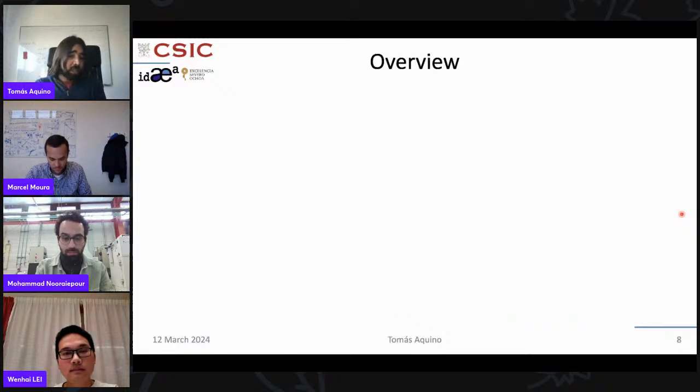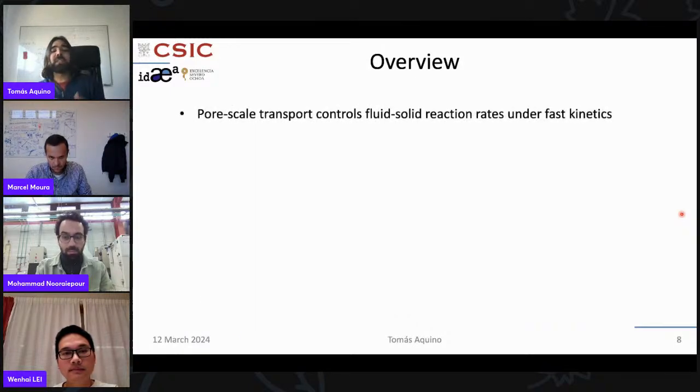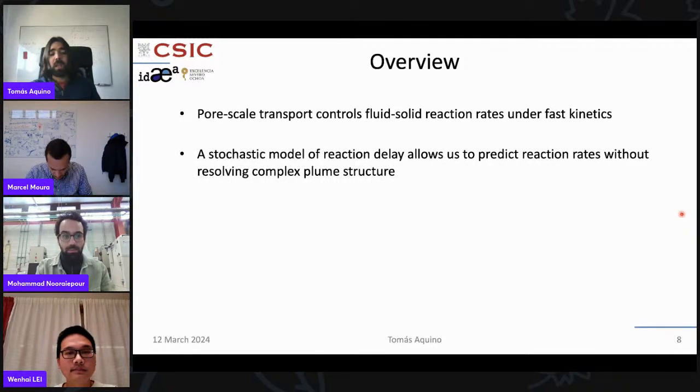So with that, to summarize, I've discussed how pore scale transport controls fluid-solid reaction rates when the reaction kinetics are fast. I've shown you how we can use a stochastic model of reaction delay to predict these reaction rates without actually resolving all the spatial complexity in the plume and the medium.